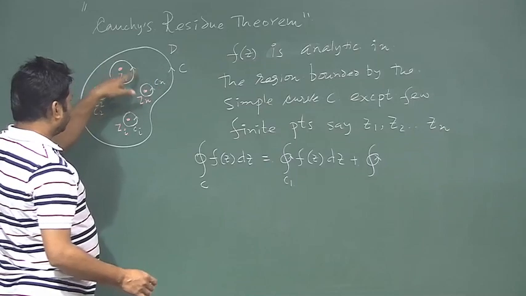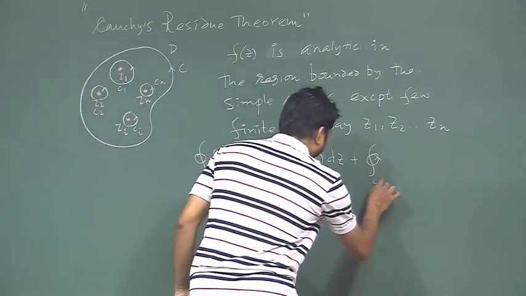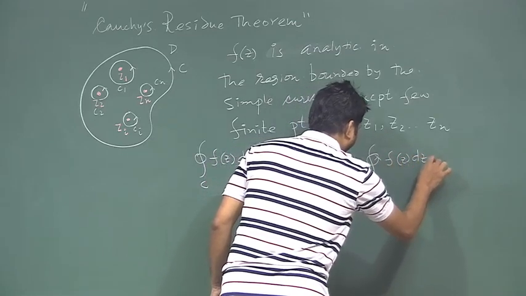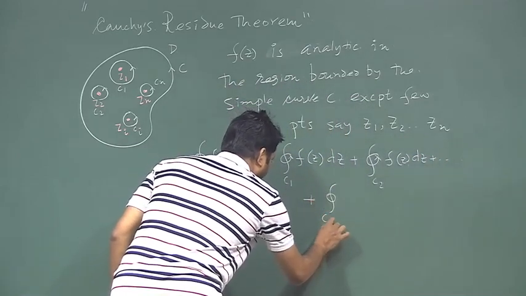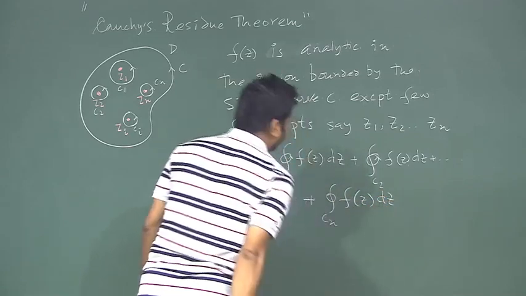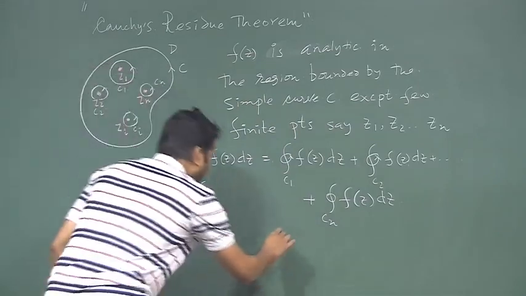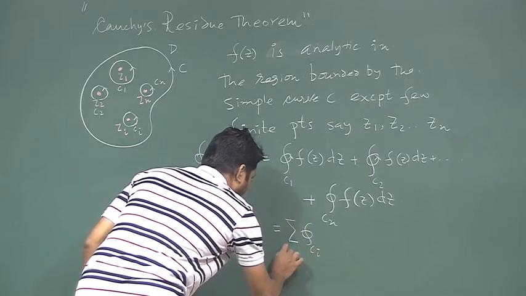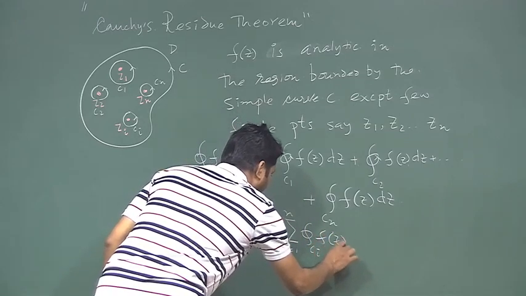I just cut out these points and add the integrals. In summation form it looks like the summation over i from 1 to n of the integral over Ci of f(z) dz.